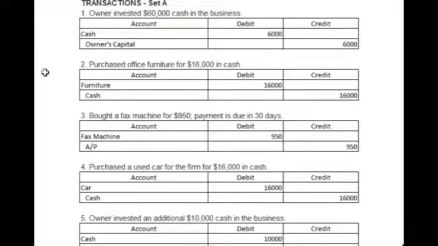And then we also spent some cash to buy furniture, and we also bought a car and also bought another fax machine, but this time we did not use cash for that one, but we increased liability by putting it on credit. So it's kind of neat to understand these rules of debit and credit. Once you understand, between the bookkeepers and accountants, this is like a secret language that we could share.